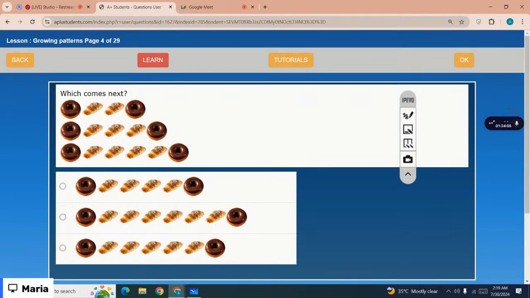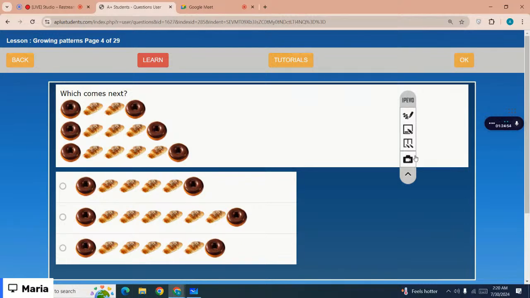Which comes next? So which is the correct option? The correct option is option number, yes, 3 is the correct option.